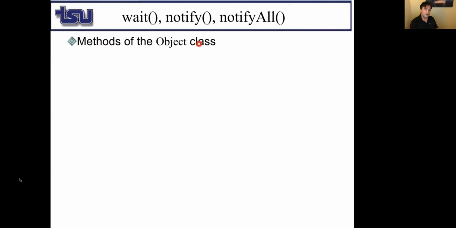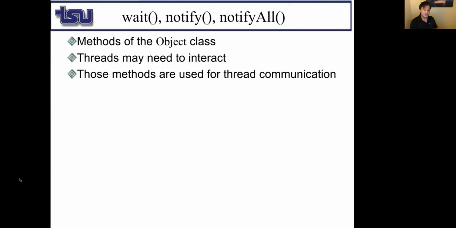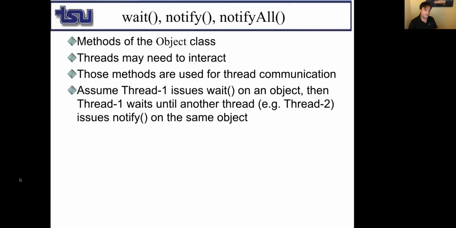These are methods of the Object class, and threads may need to interact, and those methods are used for thread communication. Okay, so wait, notify, what? A thread may notify another thread, or a thread may notify all other threads. Let's assume thread 1 issues wait on an object.